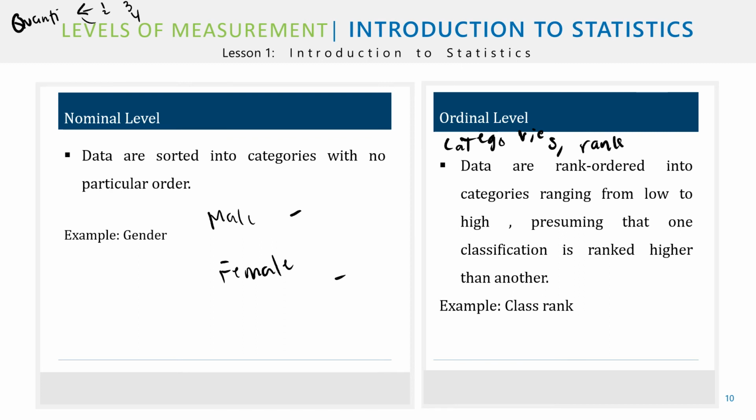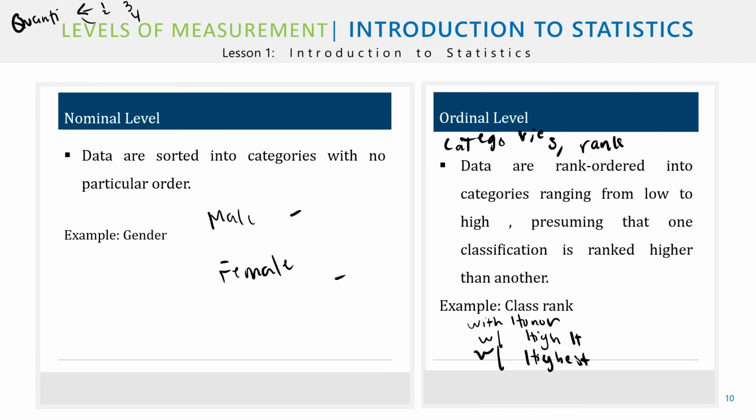What is an example of that? Class rank. Here in Perpetual, we have With Honor, next With High Honor, and last With Highest Honor.